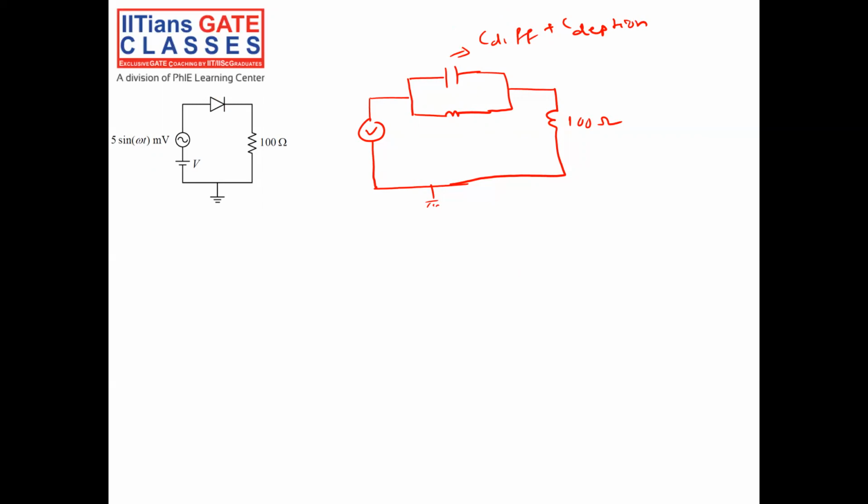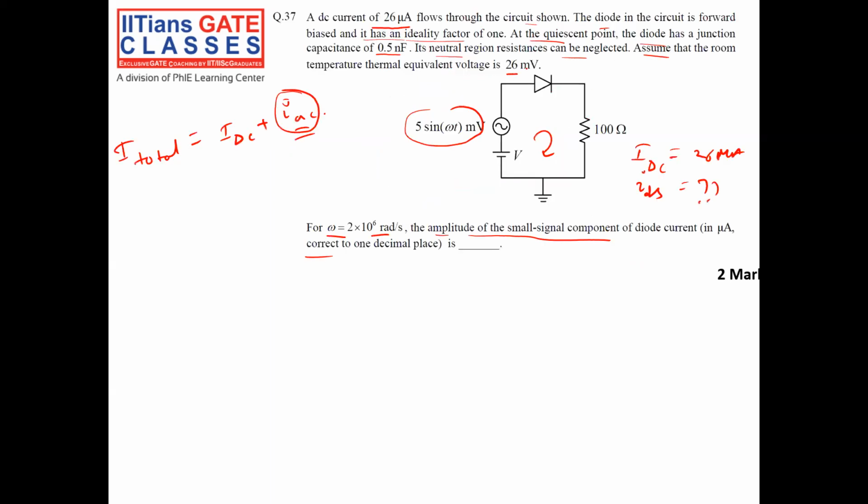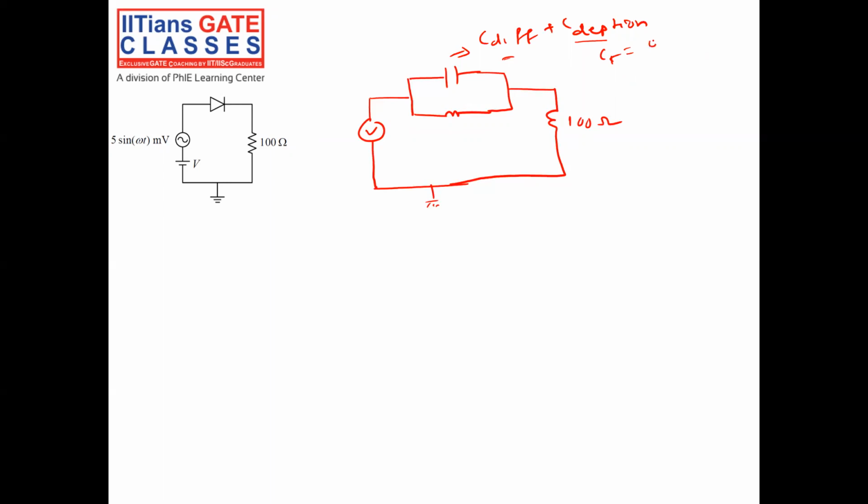The depletion capacitance arises because in the PN junction there is a depletion region, with positive charge on the N side and negative charge on the P side. The total capacitance C is given in the question as 0.5 nanofarad.